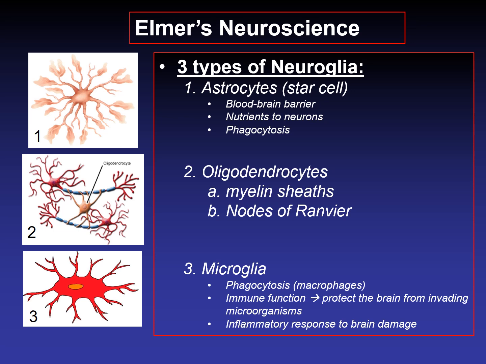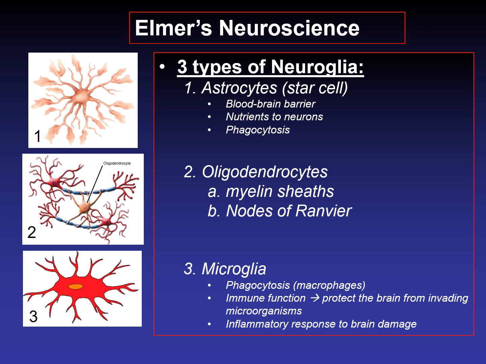These myelin sheaths, these arms of fat, wrap themselves many times around an axon, creating a sort of insulation, much like the insulation you would get around an electrical wire. However, there are gaps in between these myelin sheaths, and these are referred to as nodes of Ranvier. Ranvier being some French guy that discovered them.